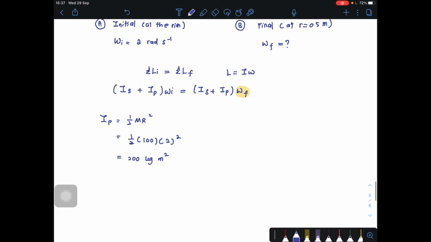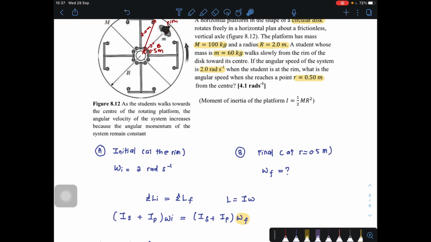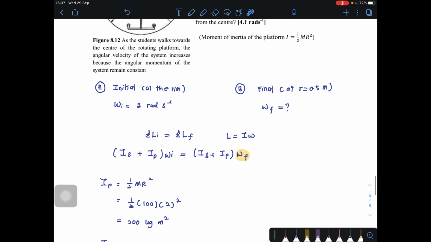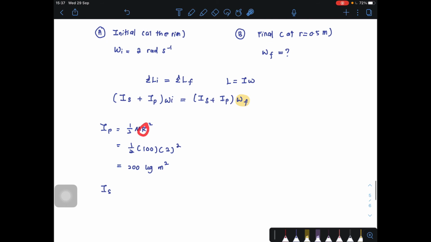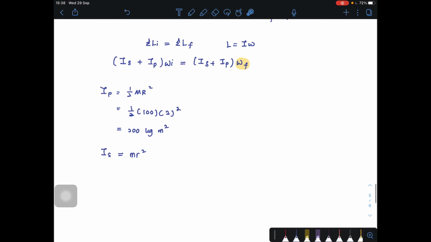And then moment of inertia of the student at this point. Okay, dia akan berbeza at this point and at this point dia akan berbeza, sebab the radius dia akan berbeza. So mr square. Untuk student kita gunakan general equation untuk moment of inertia, which is mr square.